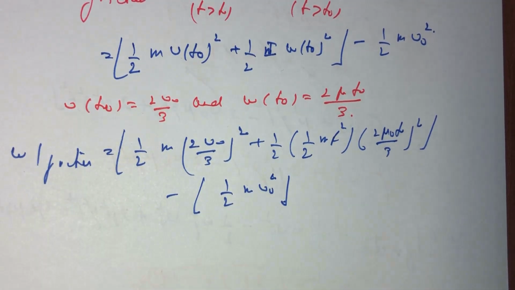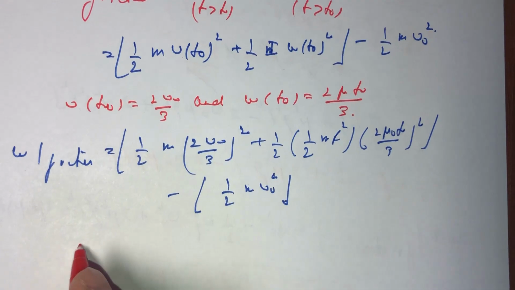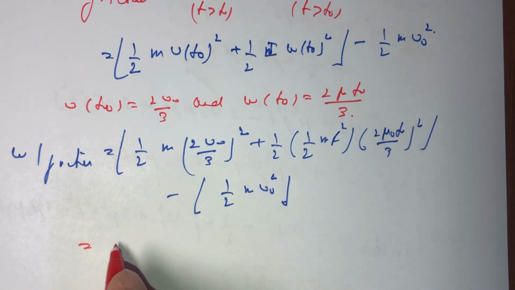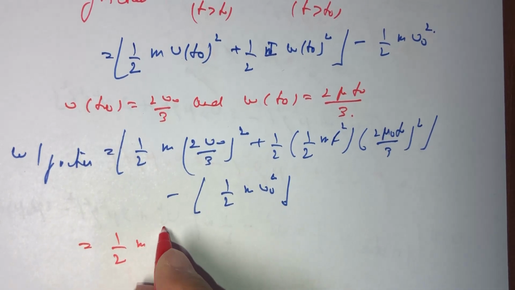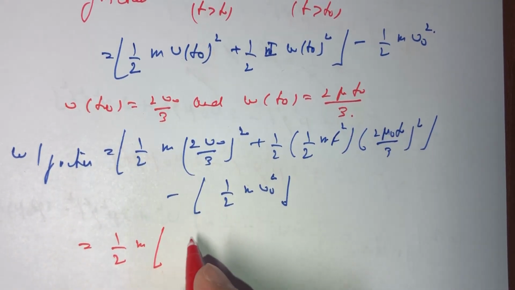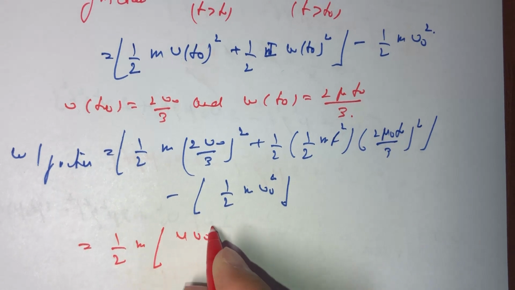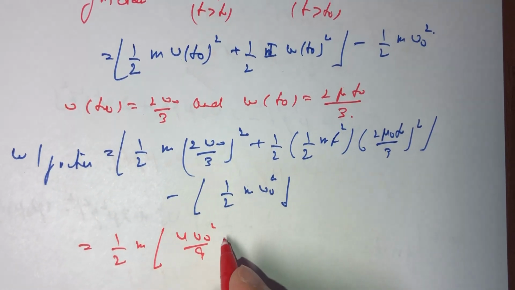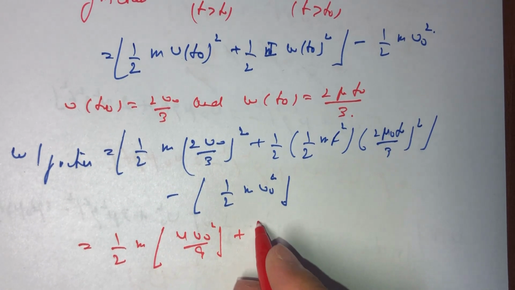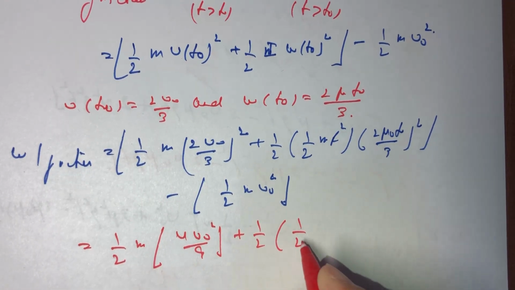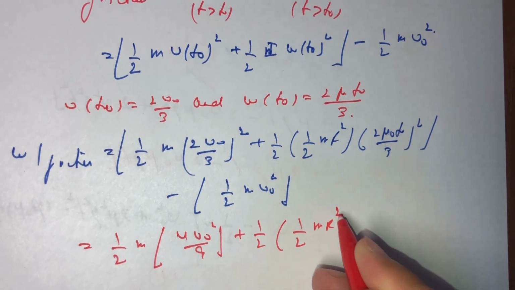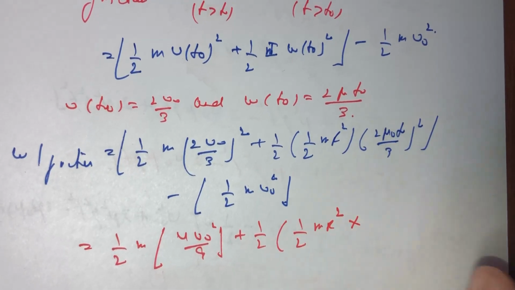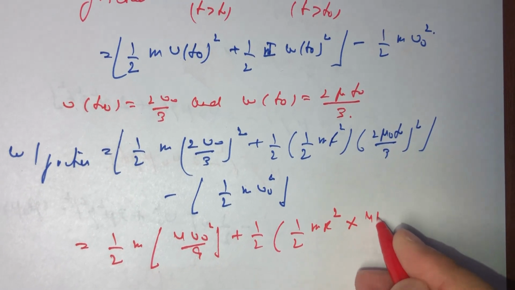This is once again only the calculation part that is left now. So taking half m, we get 4 v naught square upon 9, plus half m r square multiplied by 4.